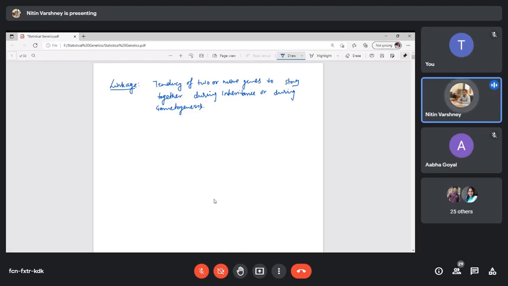Or we can say that linkage is the consequence of the concerned genes being together. So some genes have the tendency to be together.